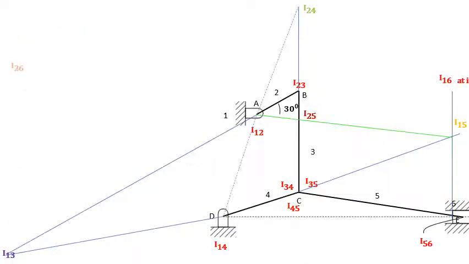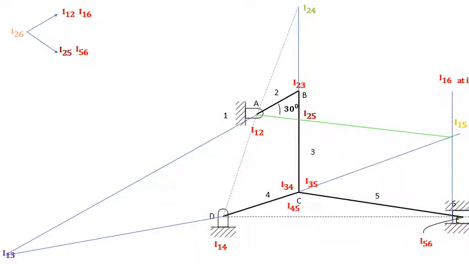Next one is I26. We have two sets of instantaneous centers to locate I26. First I12 and I16. I16 is on this line, right? Parallel to this line we can locate one more line here, because that is the property of the slider.